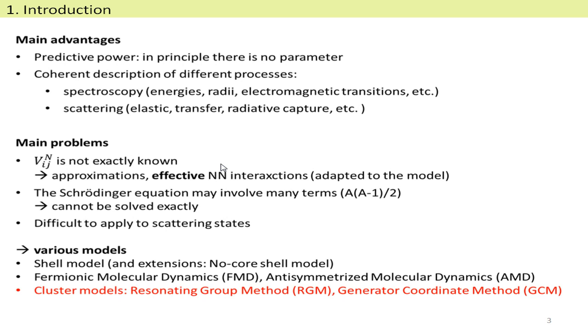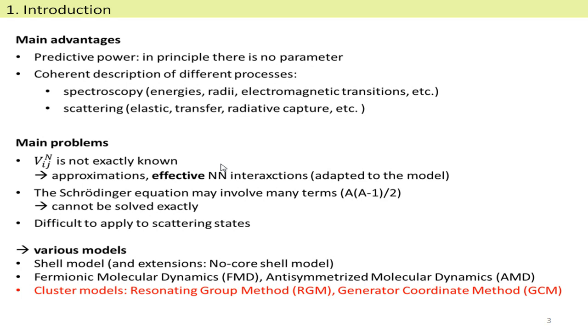Some microscopic models also provide you with a consistent description of spectroscopy and of scattering. And of course, this is a nice thing, because we know that both processes are strongly related to each other. So for spectroscopy, you can look at energies, of course, but also some spectroscopic properties like radii, electromagnetic transitions.